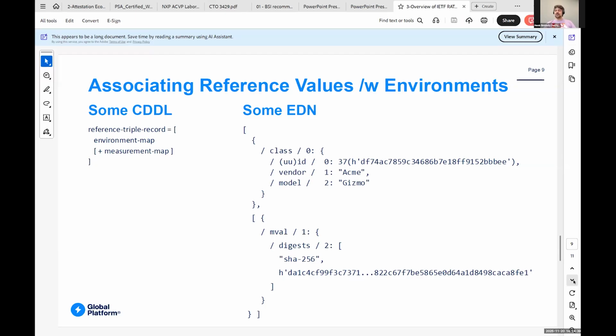And the co-RIM publisher deemed this commit content, this reference triple record in the commit, enough to identify a certain environment in that component. And there's a single measurement associated with that, which hopefully comes via the evidence. So if you find these three claims, you can understand which component is in the attester.